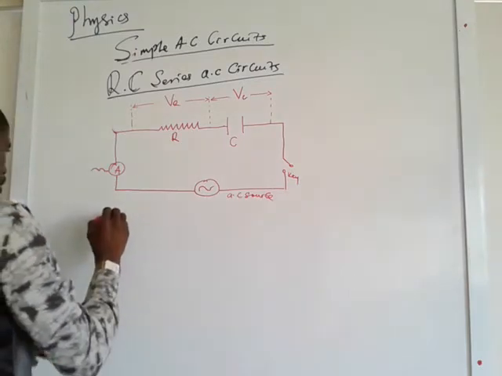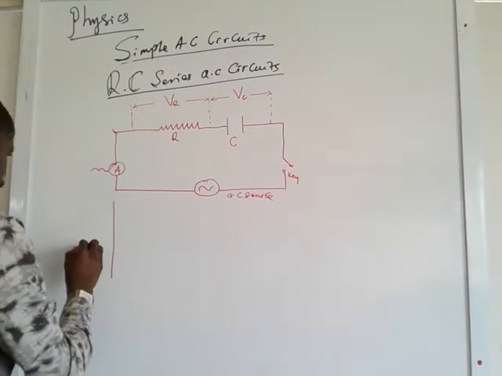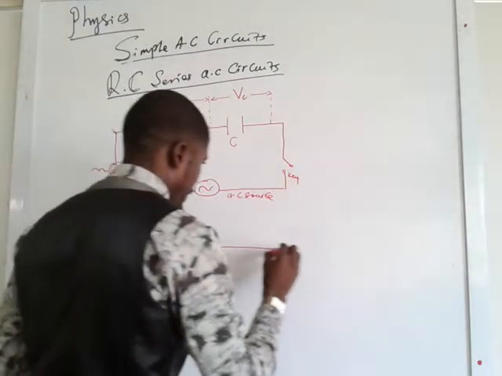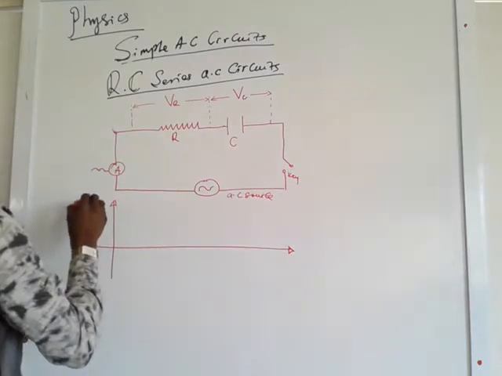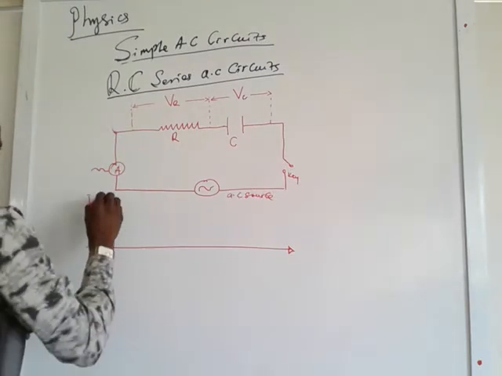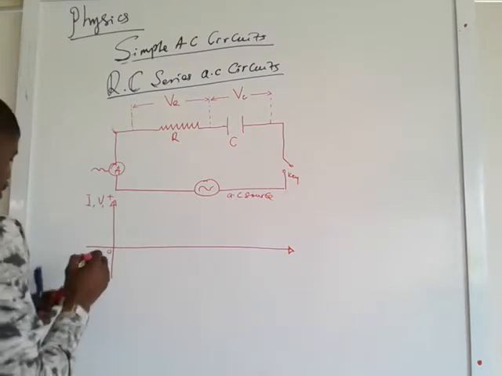Now let's have our sinusoidal waveform here. Let's call this I, V, positive side of the waveform, 0, I, V.